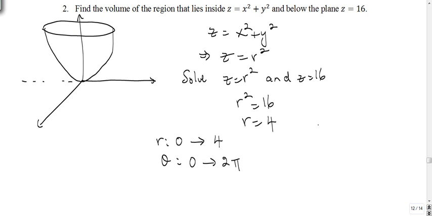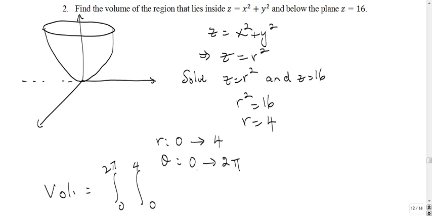Okay? So volume is going to be the integral from 0 to 2 pi, the integral from 0 to 4. Now of what? Now careful, don't do the Jacobian thing yet. We are below a plane, right? And inside this cylinder. Good? So we need to subtract the two. There are two z's, right?